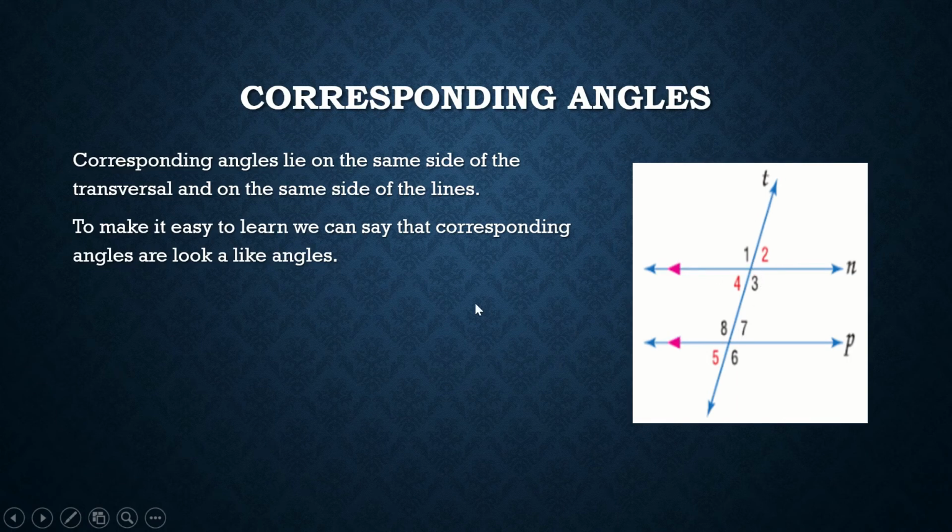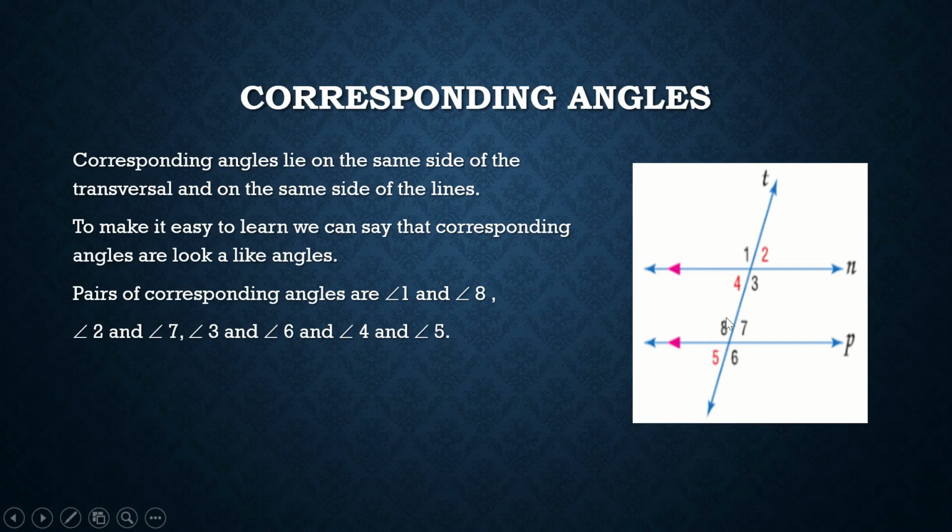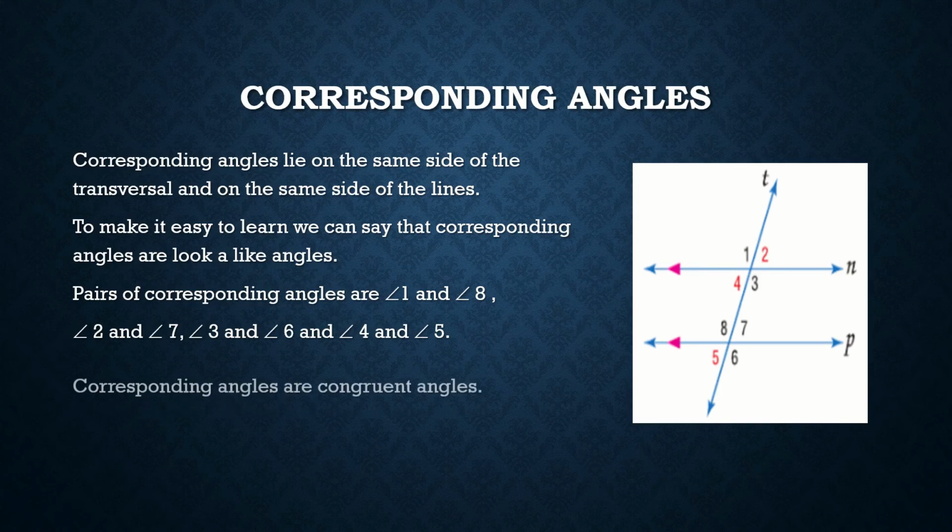So, pairs of corresponding angles are angle 1 and angle 8, angle 2 and angle 7, angle 3 and angle 6, angle 4 and angle 5. What is the property of corresponding angles? As they are look-alike, they are congruent.